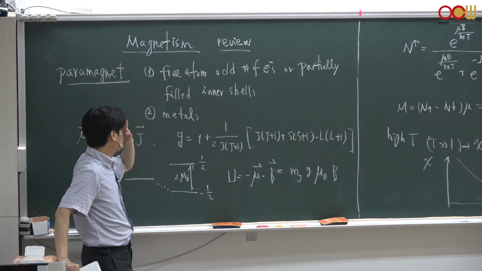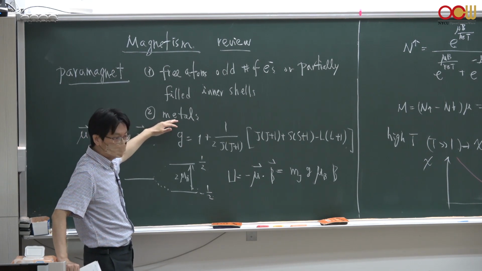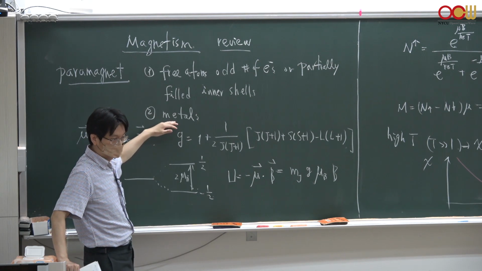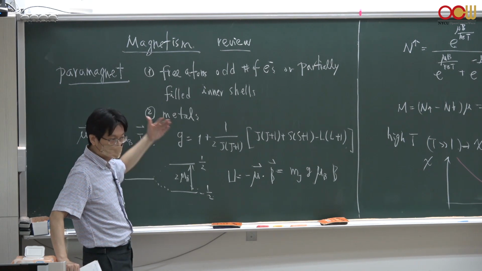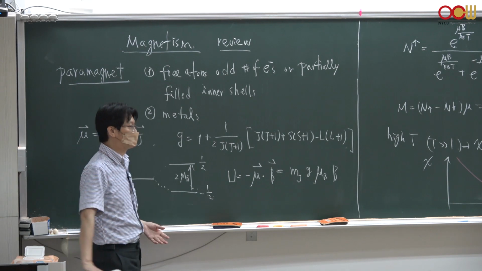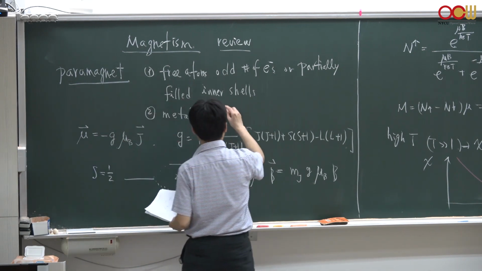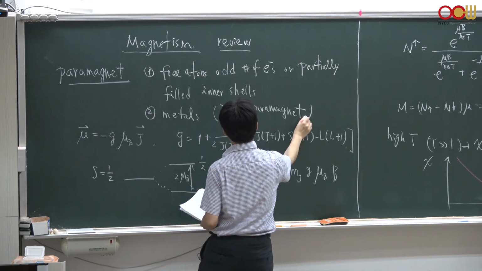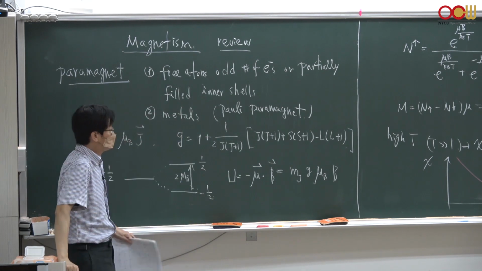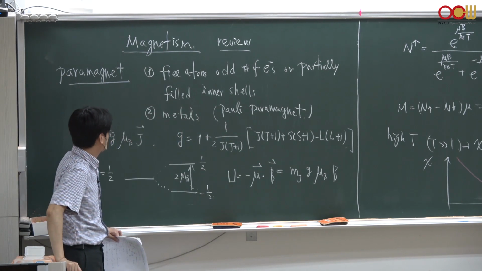The second important class of paramagnets is actually ordinary metals, which we'll see at the low temperature limit. Those are called Pauli paramagnets, which we already mentioned briefly previously, right?